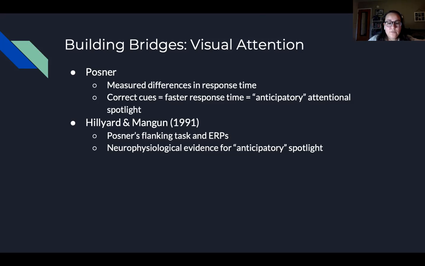And some researchers in 1991, Hillyard and Mangun, used this Posner flanking task and paired it with an EEG so that they could record the event-related potential.